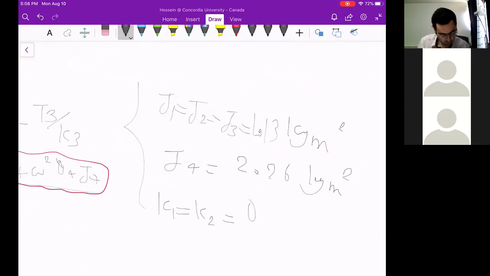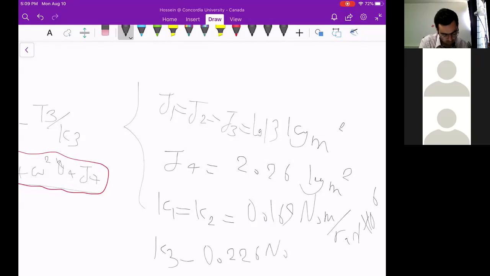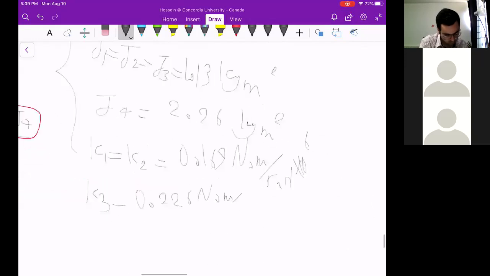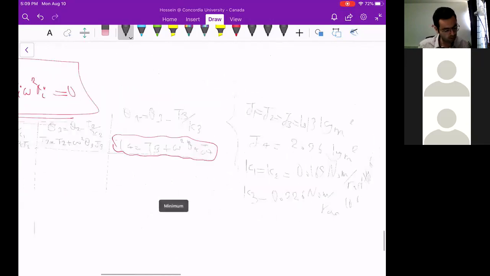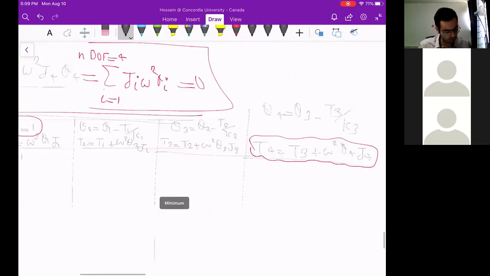Both are 0.169 times 10 to the power 6 Newton meter for each radian that you need to apply this torque. K3, however, is 0. You have K1, K2, K3, J1, J2, J3, and all you need is just a calculator.